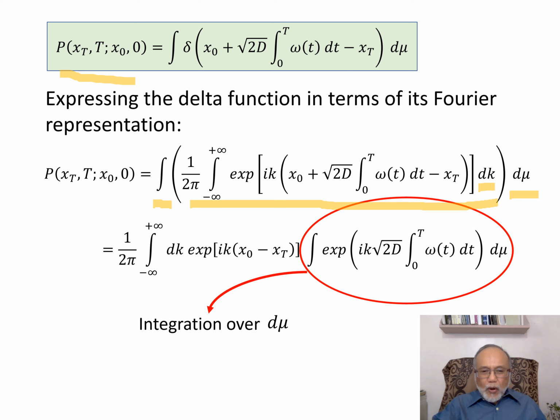Now, recall that I just tried to rearrange the terms in here. So this x naught and xt I put in here because the terms outside of this integral do not have the random white noise variable.